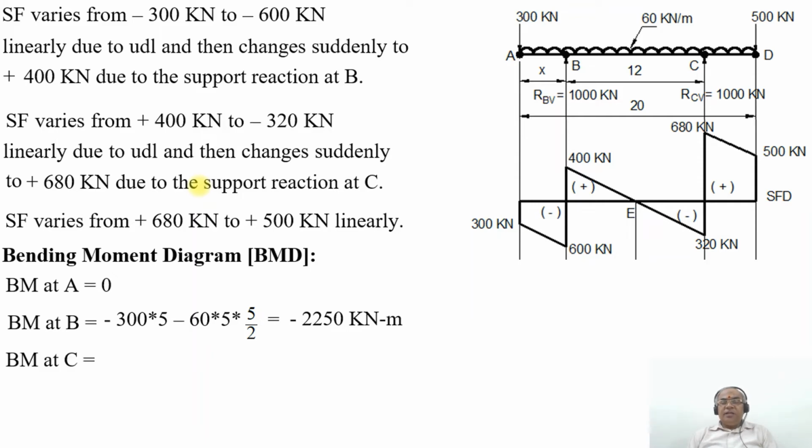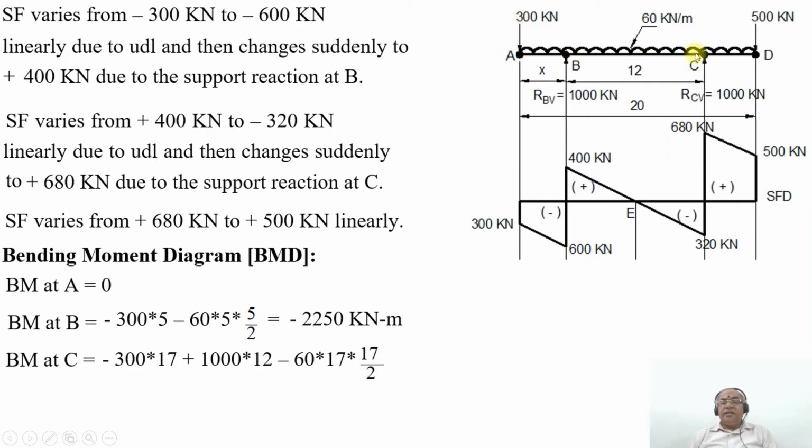Then BM at the point C will be equal to minus 300 into 17, then plus 1000 into 17 minus 5, that is 12, minus 60 into 17 into 17 by 2. Minus 300 into 17 is from the point load acting in the downward direction.